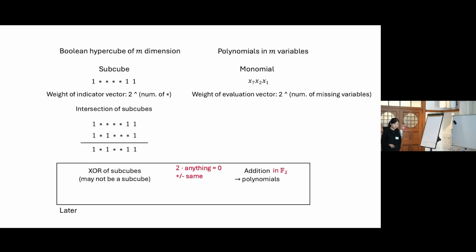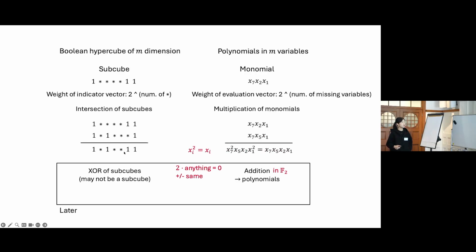Now we can talk about intersections. For the intersection of subcubes, if I have both 1, I just take 1. If I have 1 and star, I just take 1. If I have star, star, then it's star. So easy. And it turns out the corresponding operation in the polynomial formalism is just multiplication.